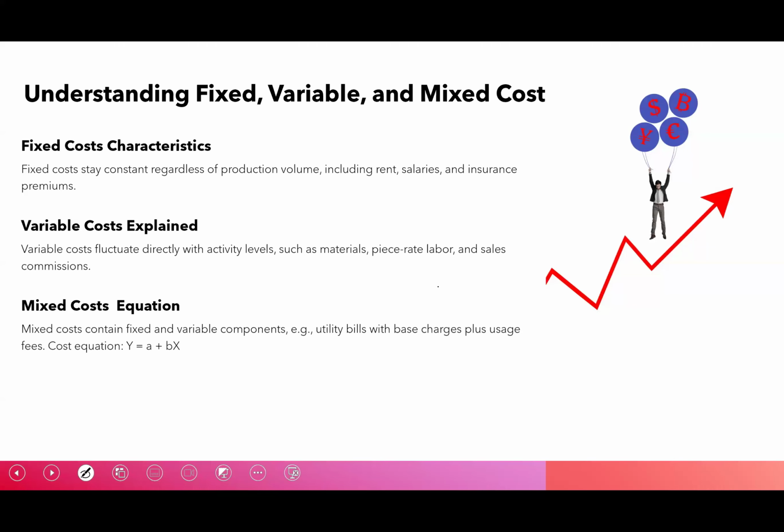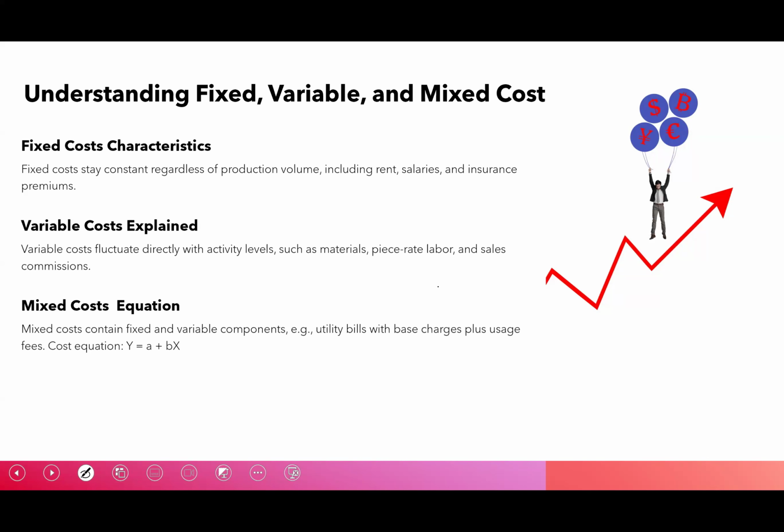Now, there are some costs which are neither purely fixed nor purely variable. These types of costs are called mixed costs. In real life, you have lots of examples of mixed costs. For example, your phone bill is an example of a mixed cost. They charge you something monthly, and then if you use more minutes, they would probably charge you something per unit.